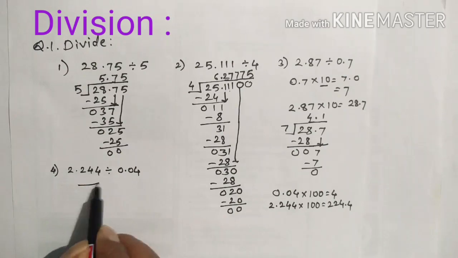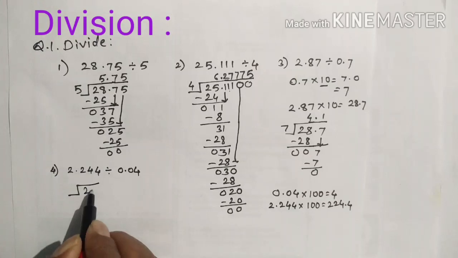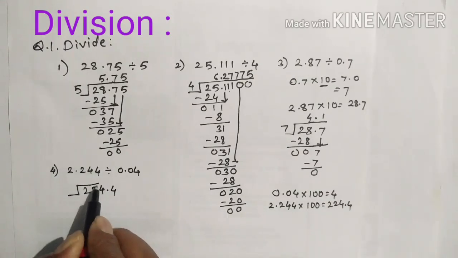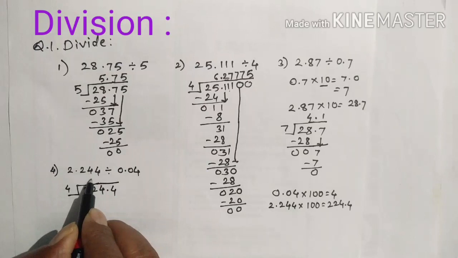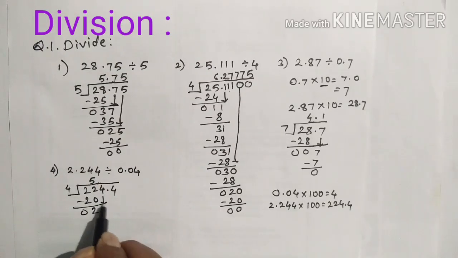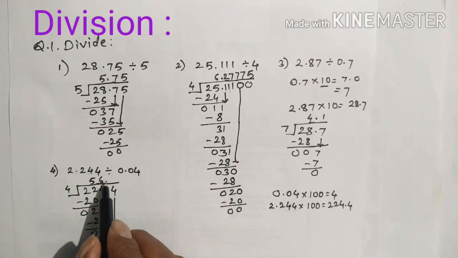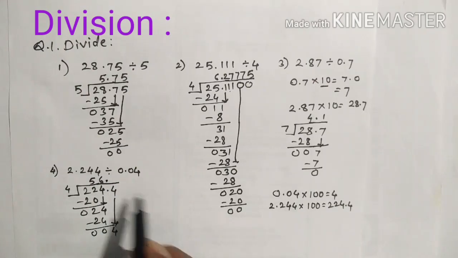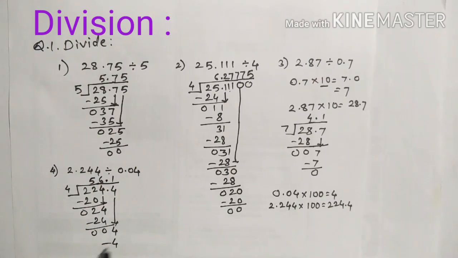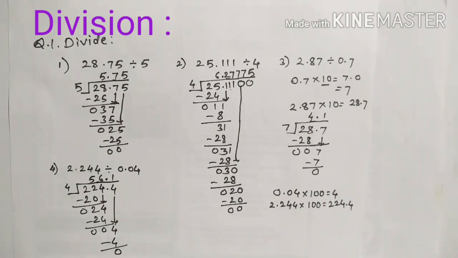Now we can divide with the new dividend and new divisor, that is 224.4 divided by 4. 4 5s are 20, remaining 2. 4 we will get downside. 4 6s are 24, remaining 0. Now this 4 we are taking here, so 4 is a decimal digit, that's why we have put a decimal point here, and here 4 ones are 4. The remainder is 0. Like this we have to divide.